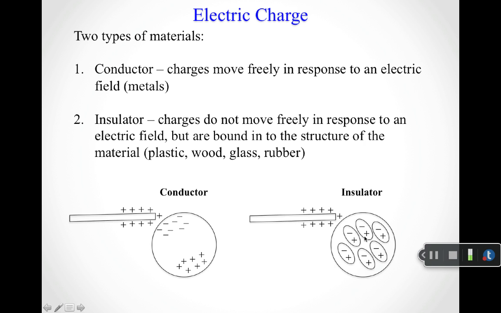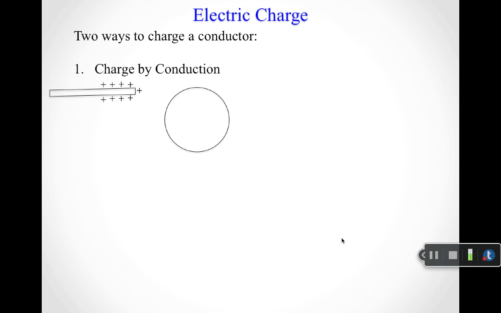But with my insulator, they can't. They can't get away, so they end up polarizing the material. On the atomic scale, they react to this electric field: the negative charges do move closer, the positive charges do move away from my positively charged rod, but they just can't flow freely around the material within my insulator.